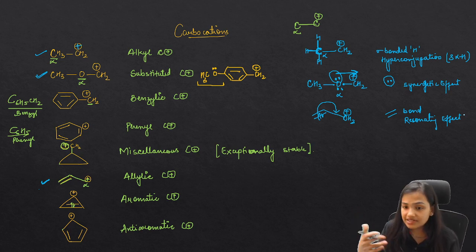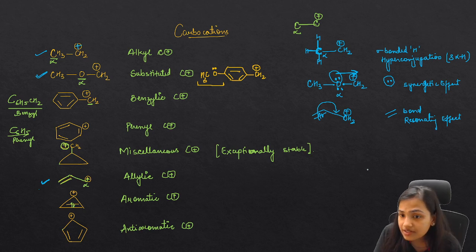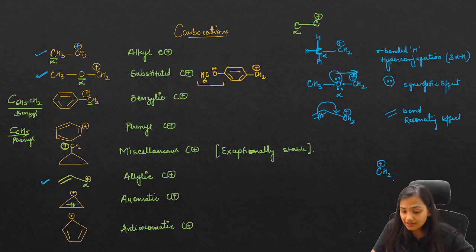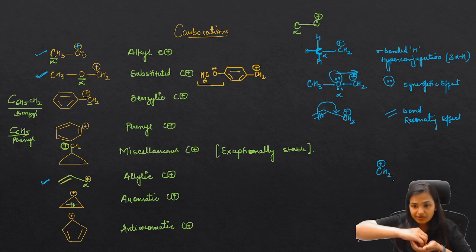Okay, so basically guys, a carbocation is deficient. If you are talking about a carbocation, it is deficient. So see, one has to take and the other has to give. Are you getting my point?